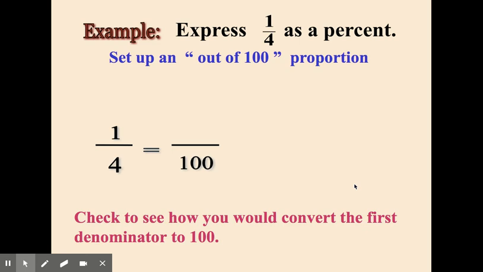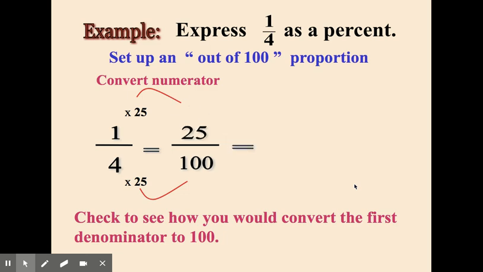Check to see how you would convert the first denominator to 100. How do I get 4 to become 100? I multiply by 25. Now I do the same thing to the numerator, and that gives me 25 over 100. And then I know that 25 out of 100 is 25%, because percent means out of 100.